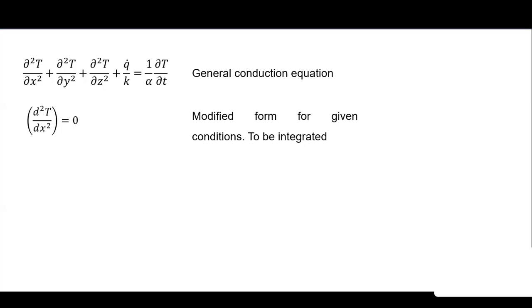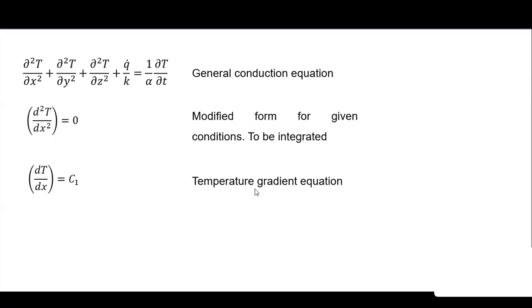Now in order to find out the solution of this equation, we need to integrate this equation. The first integration results in the equation dT by dx is equal to C1. C1 is an arbitrary constant of integration. In this equation we are getting the temperature gradient in terms of some particular term; here it is constant but it may vary depending upon the type of problem.